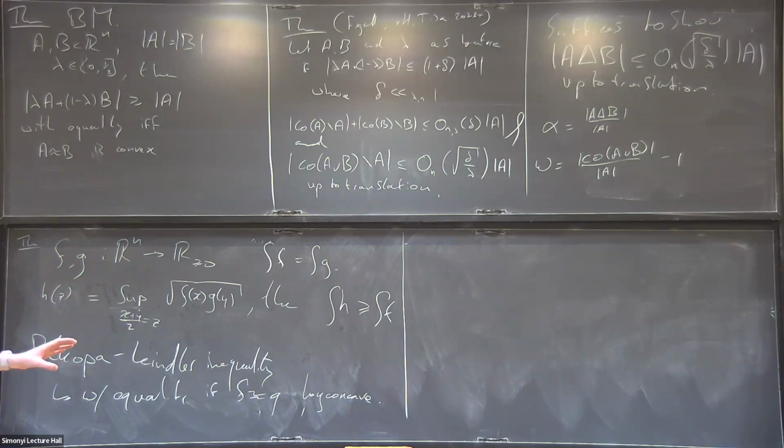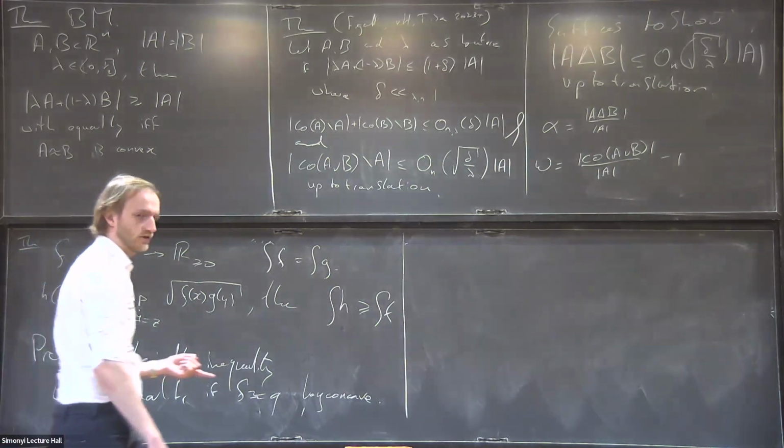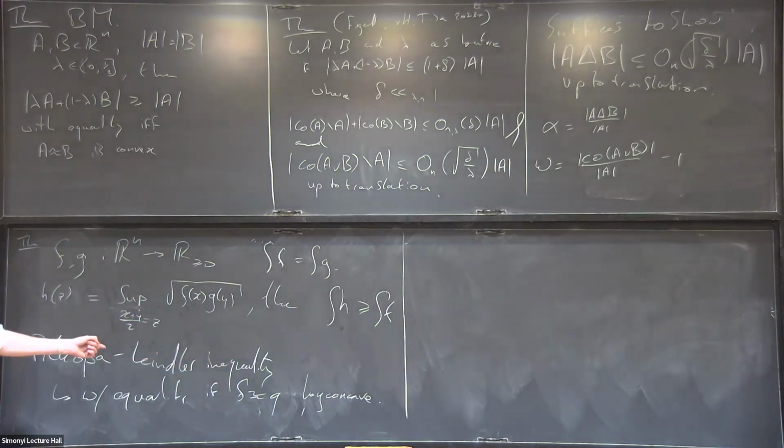For Brascamp-Lieb, even if the two functions are log-concave, which is the equivalent of the set being convex, only suboptimal results. Even in 1 dimension. If you're able to prove the stability in 1 dimension, can you immediately obtain it in any dimension?